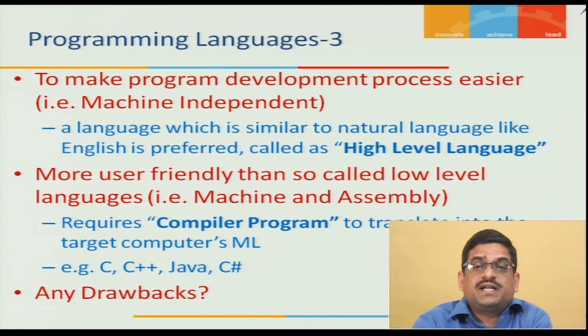If you don't understand this statement right now, don't worry about it. Later in the course, you will understand what writing optimized or more efficient programs means.